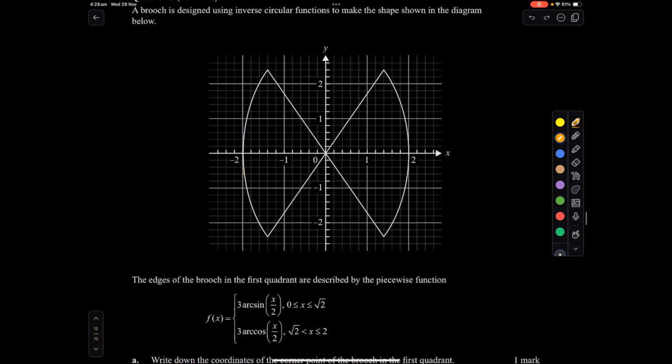Okay. Well, if I just find the area, for example, for this over here, and also this over here, and then times them by 4, that will give me the area of all of them.